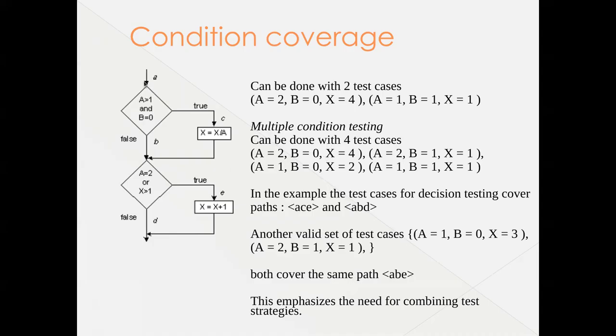We have to check all the paths: A, C, E, D, A, B, E, D, E, A, B, E. Both cover the same path, A, B, E. Then A, C, D. A, C, D is not here.